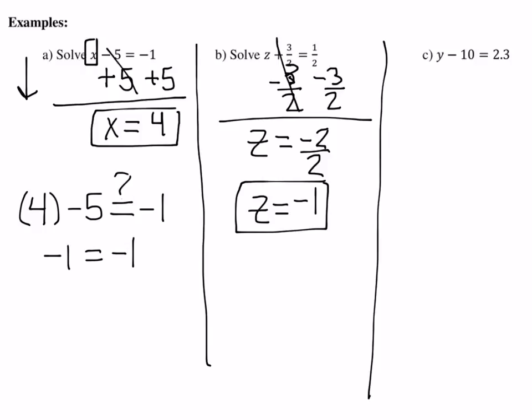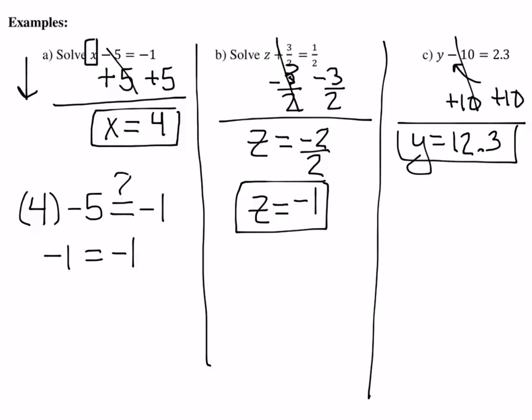Our last one is y plus negative 10 equals 2.3. Decimals, integers, not a big deal, but the opposite of this negative sign is to add 10 to each side. Just like so. So we have y equals, well, what is 10 plus 2.3? 12.3.